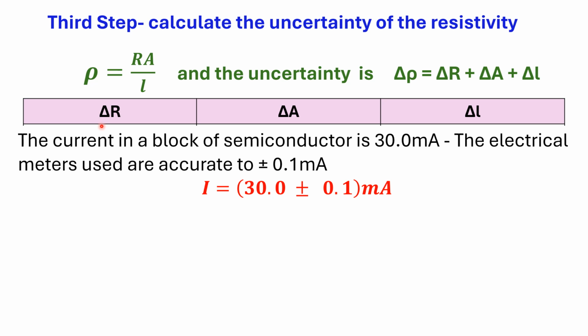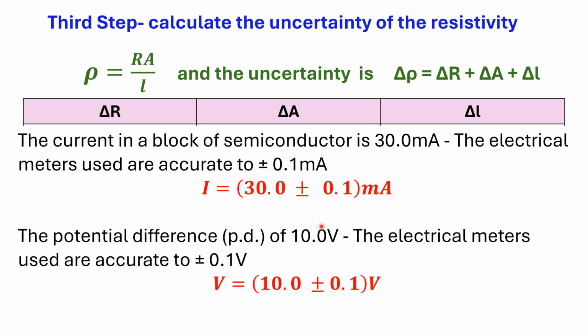So here, the uncertainty of the resistance, we need to take into consideration the formula we used to calculate the resistance. So we need the value of the current now with its uncertainty that was provided in the question, and the value of the voltage with its uncertainty.